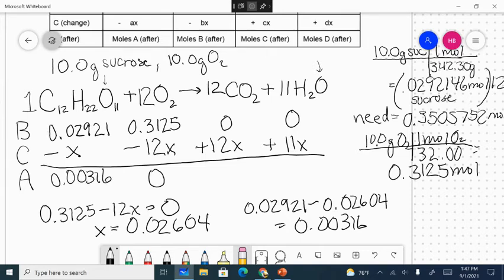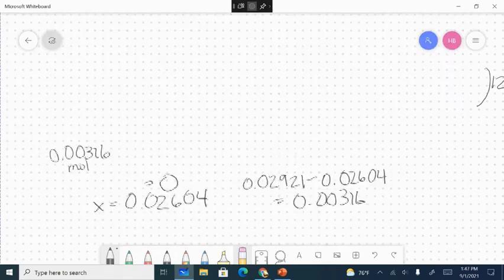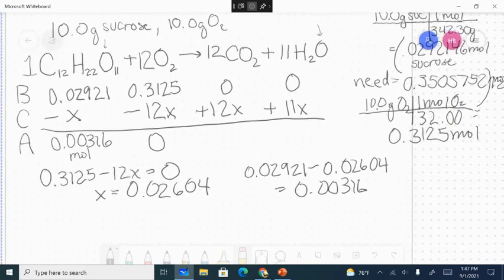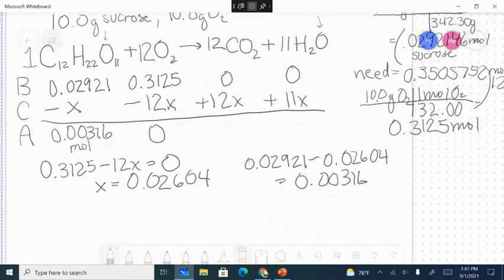This is the kicker, people. If you do the straight stoichiometry method, this is the one that's hard to find out: how many moles of the reactant in excess is left over. How much carbon dioxide did I produce? It's going to be 12x.